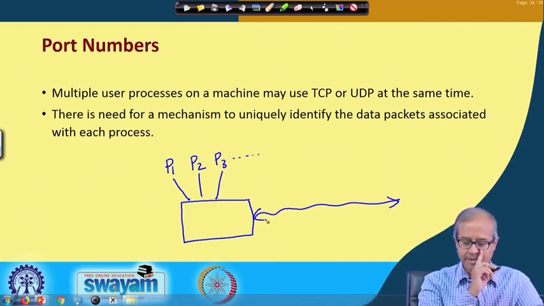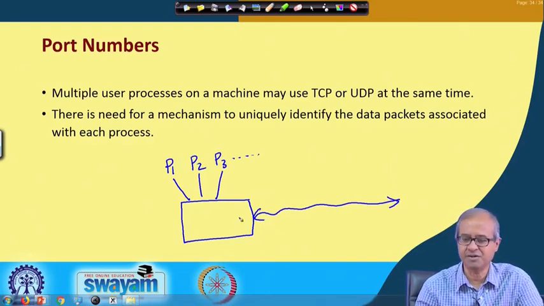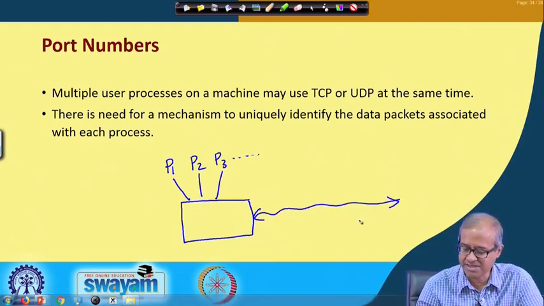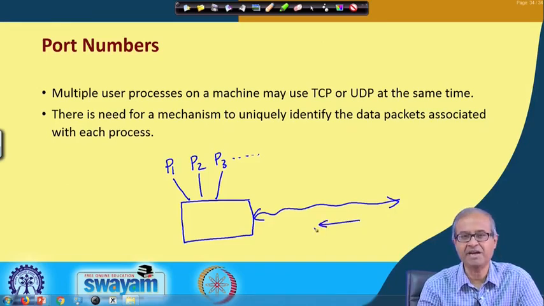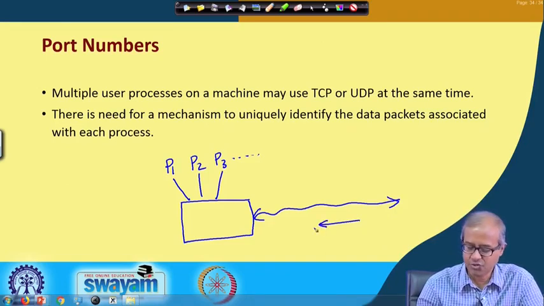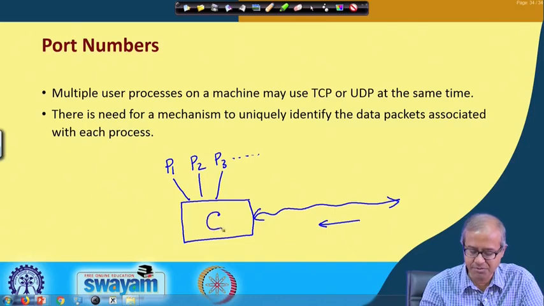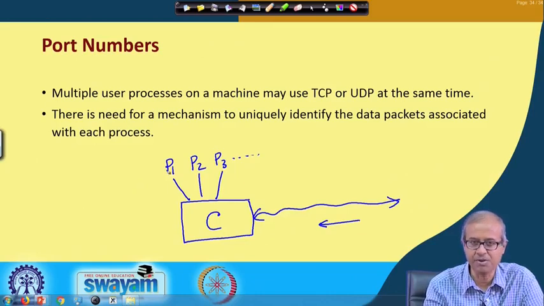Okay. Suppose P1 has sent some data to somebody, and that somebody is sending back a response, a packet is coming back. So, when the packet reaches this computer C, how will this computer know that this packet has to be sent to P1 and not P2?